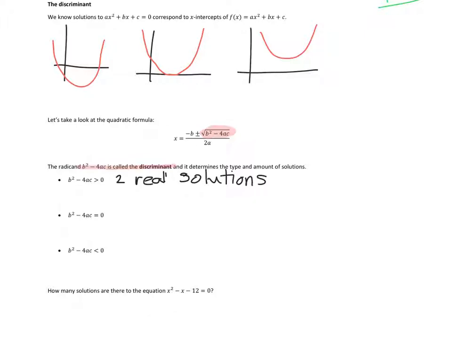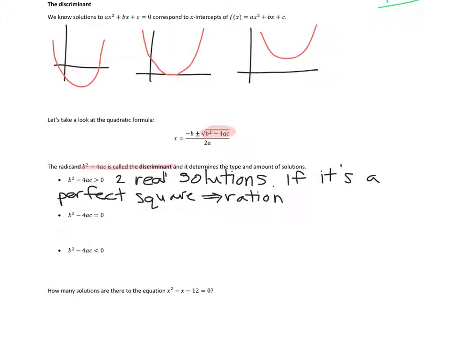Furthermore, if b squared minus 4ac is a perfect square, we actually will get rational solutions, and it also means we can factor ax squared plus bx plus c.